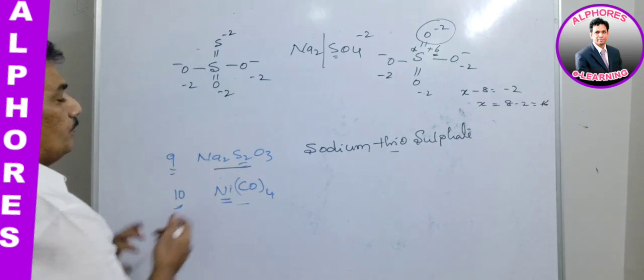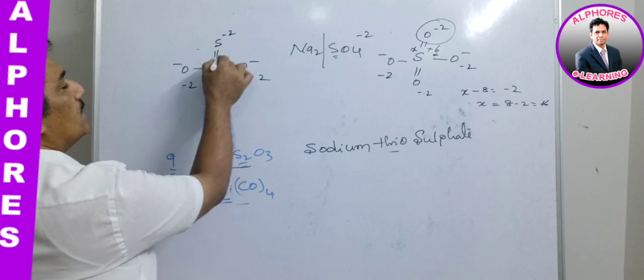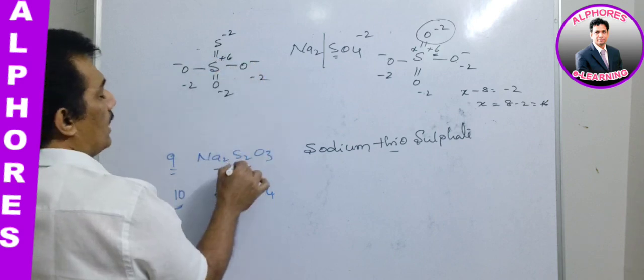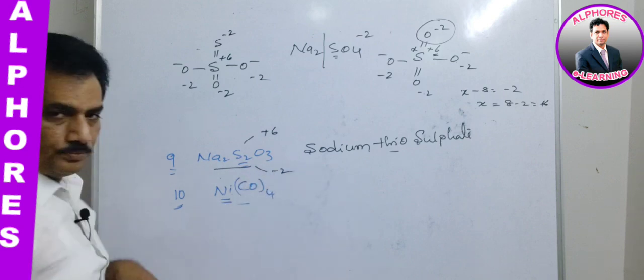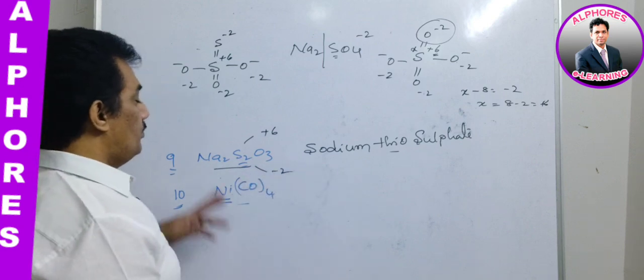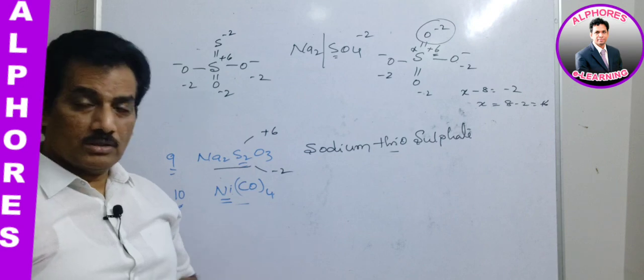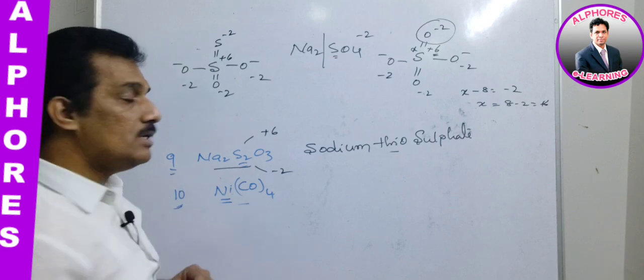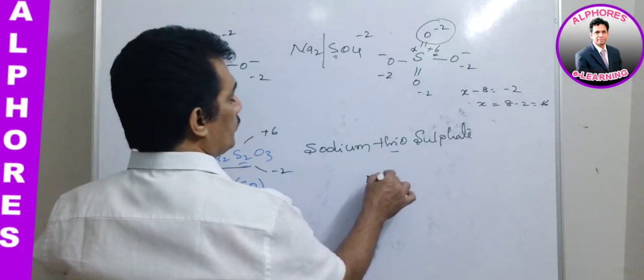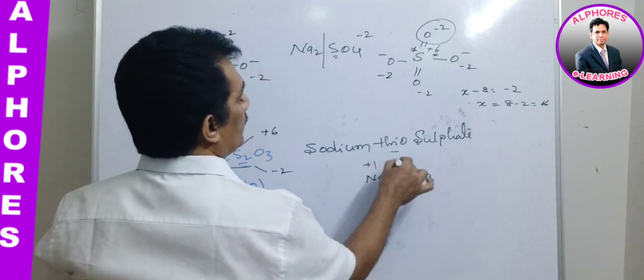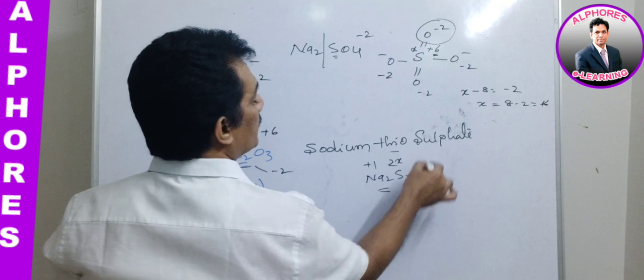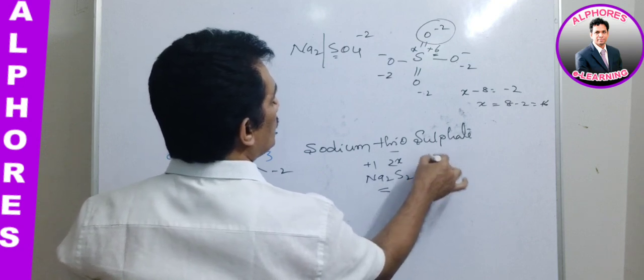Clear? Now in this case, we can consider one of the sulfurs to be +6 and the other sulfur -2. Sometimes they may ask for the average oxidation state. In the case of average oxidation state, the normal rule can be applied. S2O3: here Na is +1, sulfur is X, so 2X, and oxygen is -2 into 3.